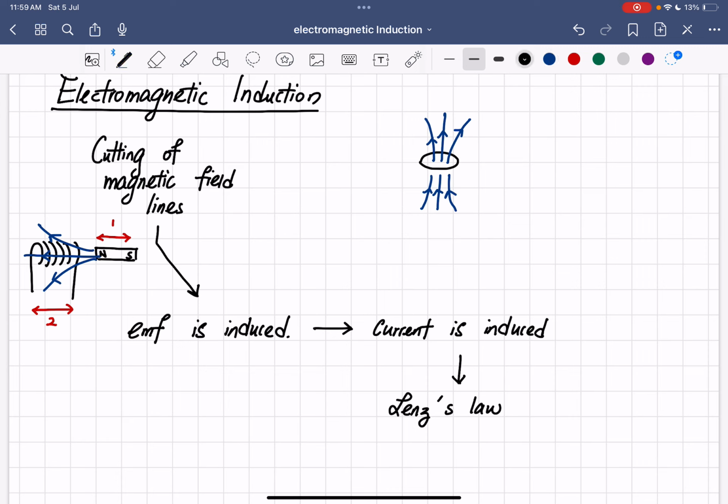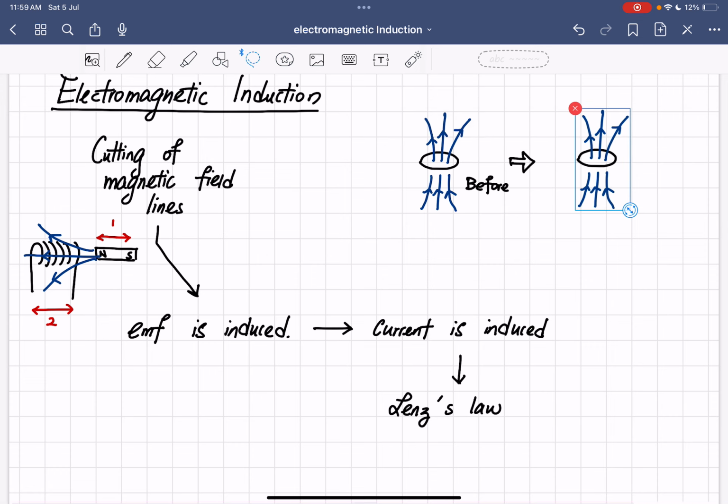When there is a change in the number of the field lines, for example this is a before, and then there is an after, where there are just two field lines there, so there is a change in the number of field lines in the loop, then there will also be an EMF induced.